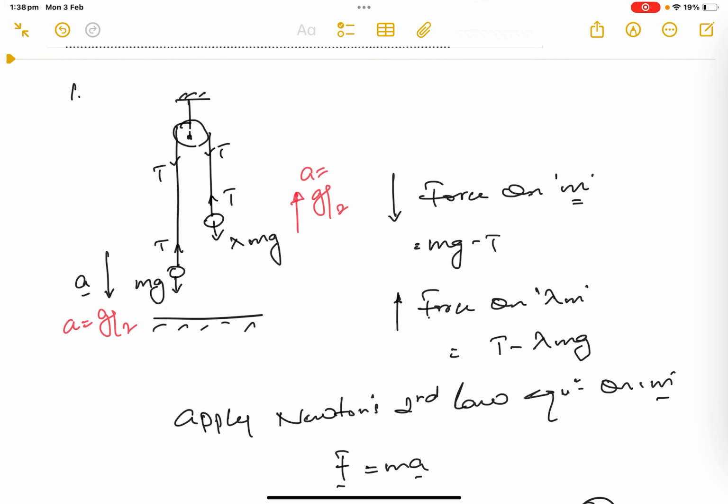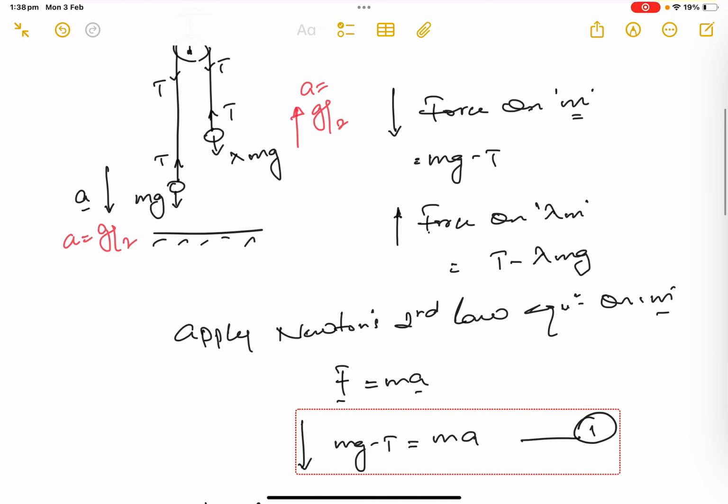Let's look at the forces on m downwards. The force on m is the weight, mg, minus T, the tension upwards.